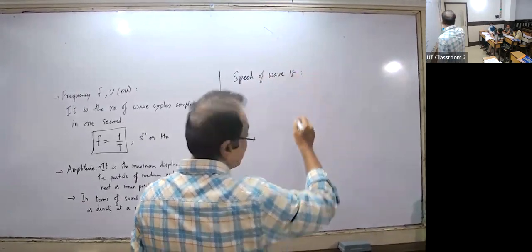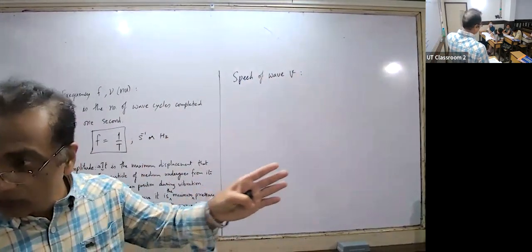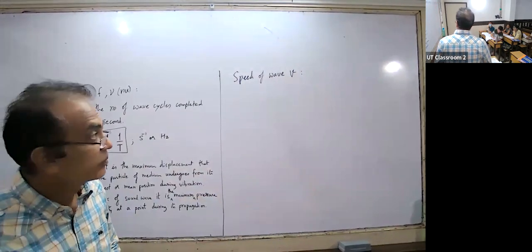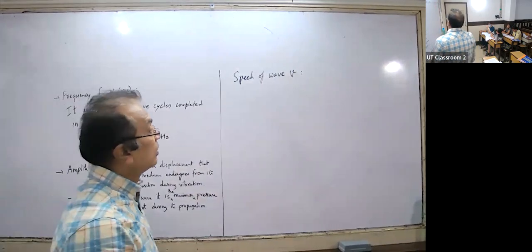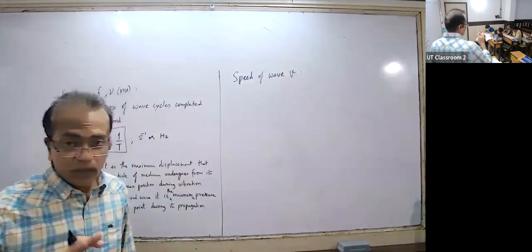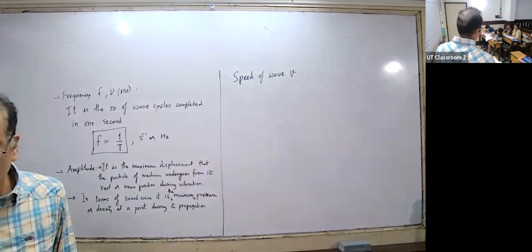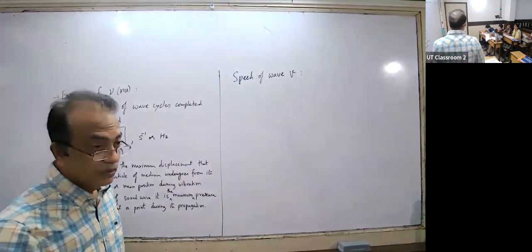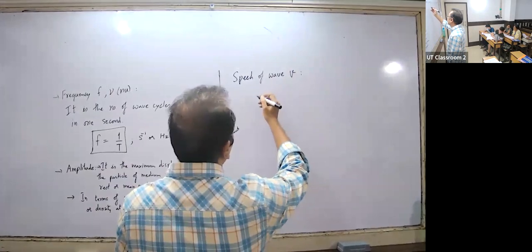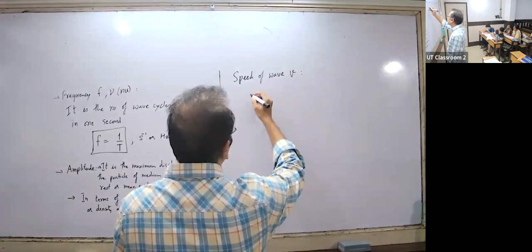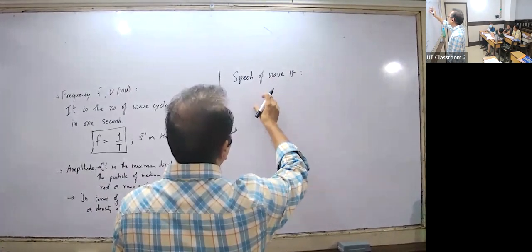So this is wave velocity. What is the velocity with which the wave is propagating? Right? So let us say the wave is propagating with the velocity v. Then in time t, how much distance will it travel?